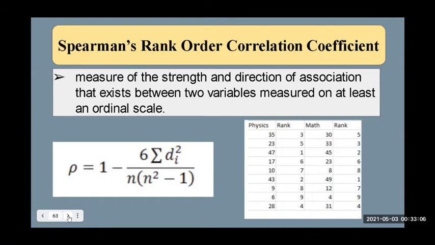So this is our formula: rho equals 1 minus 6 sigma d squared over n times n squared minus 1.